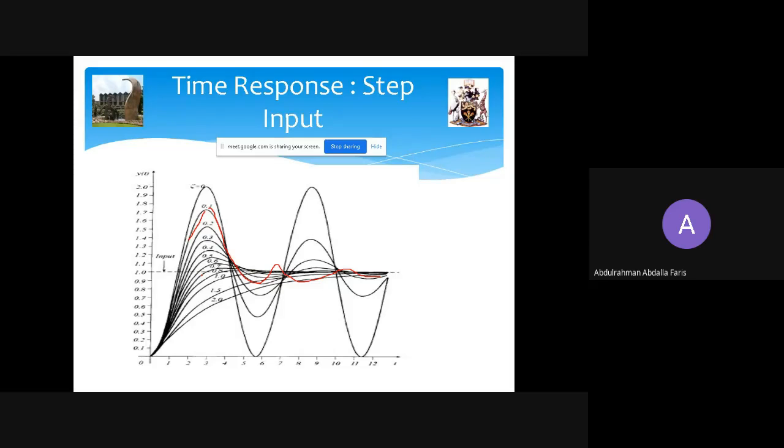We can sacrifice one oscillation, but we get a faster response rather than going to 1, 1.5, and 2, which take time. So we can go with 0.7. Actually, you can simulate this in MATLAB so that you can see for yourself.